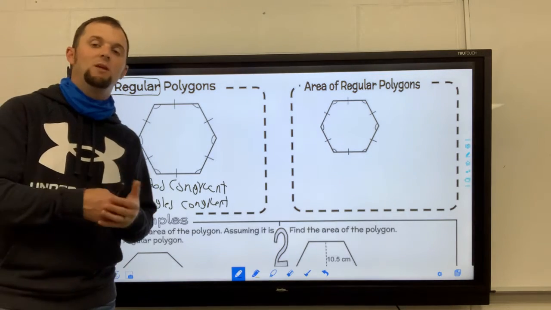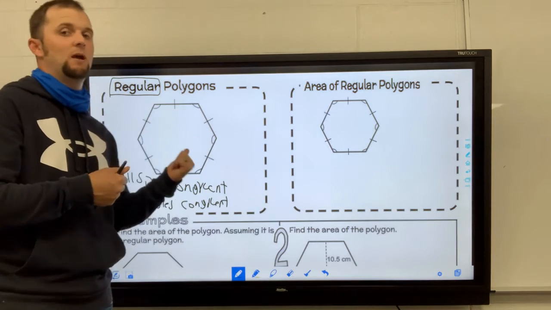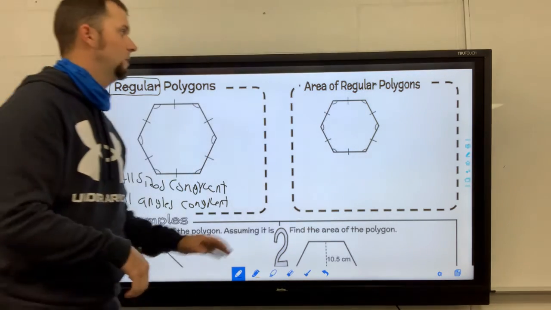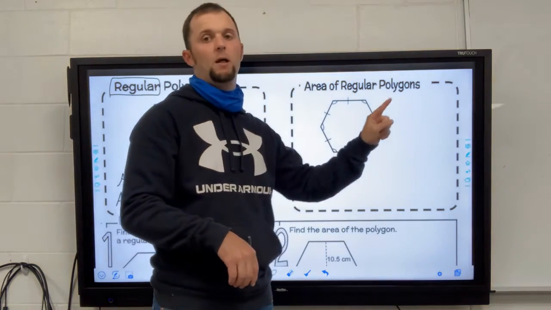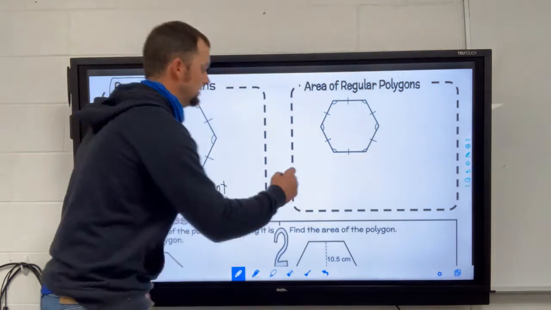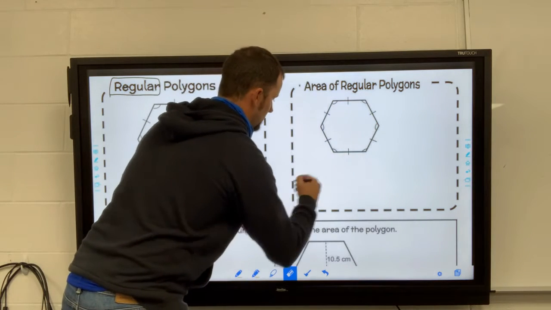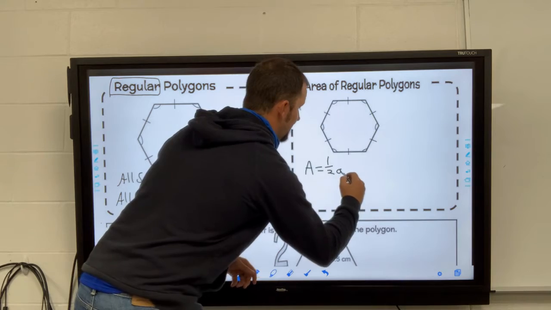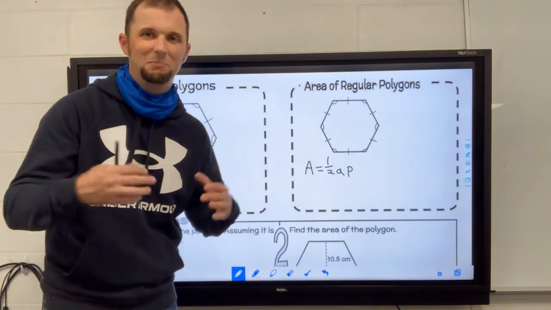So with that, we then can find the area of it, because it's regular, by using a specific formula, okay? So let's go ahead and look over here. Right now we have the area of a regular polygon. The formula is the area of the regular polygon is equal to 1/2 the apothem times the perimeter. Well, you're thinking, Coach Snow, what is the apothem?